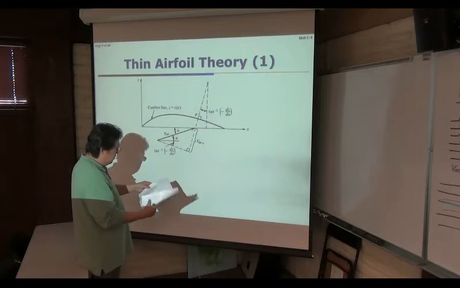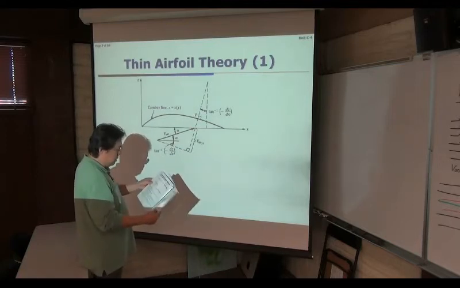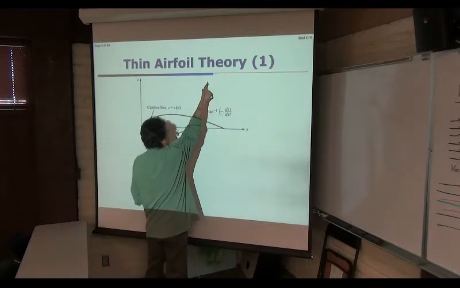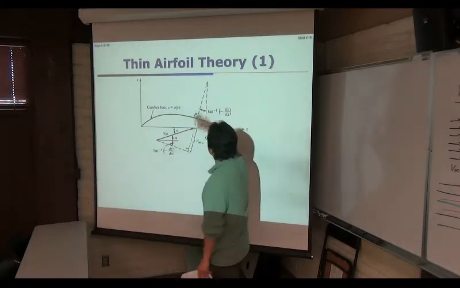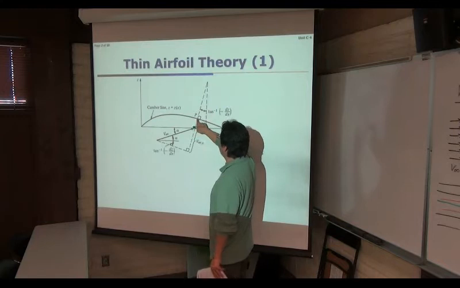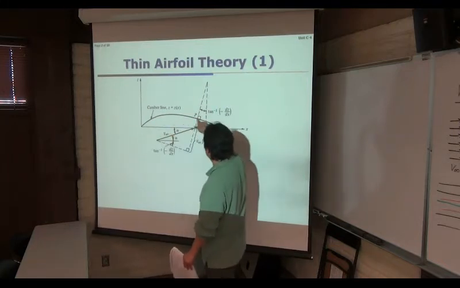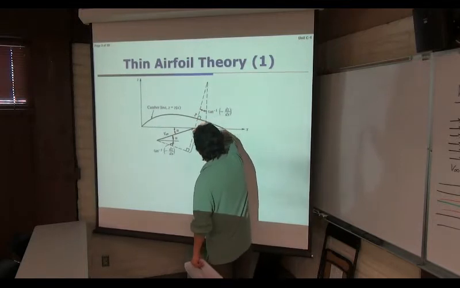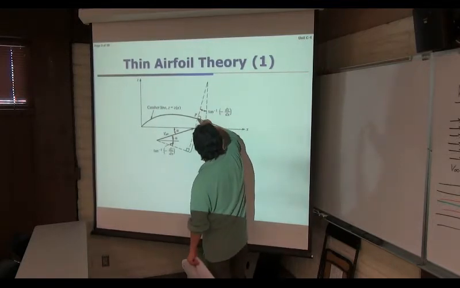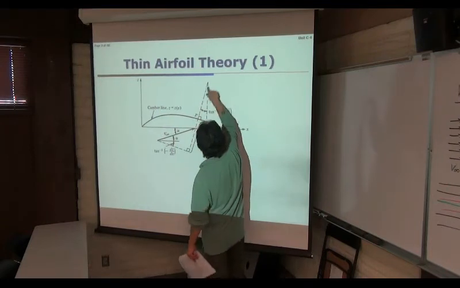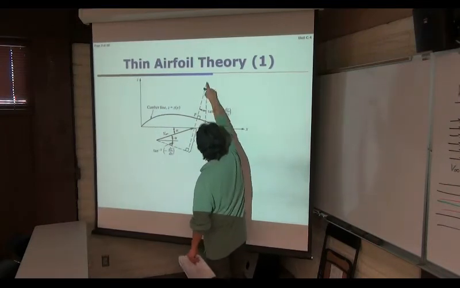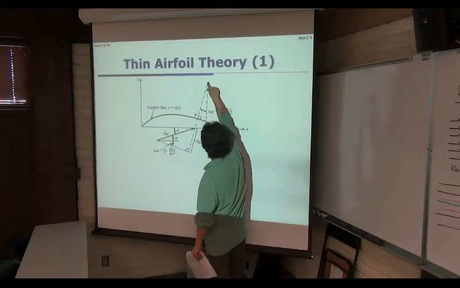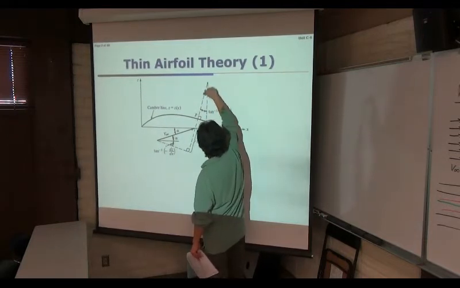So what we are trying to do here on page 2 is think about an arbitrary location P on the surface of the mean camber line. Then you draw a straight line which is perpendicular to this local spot P, find the crossing point of the vertical line, and measure the angle here.